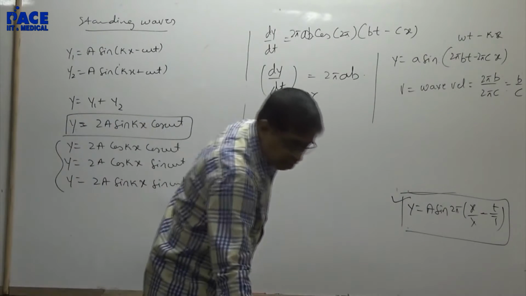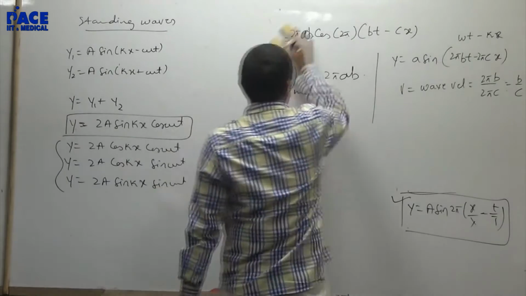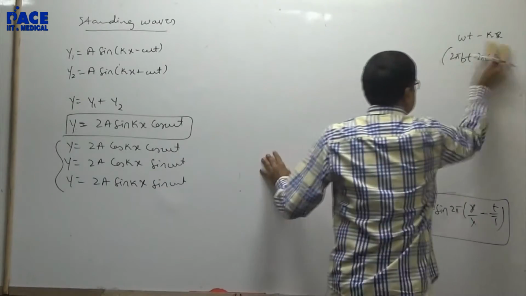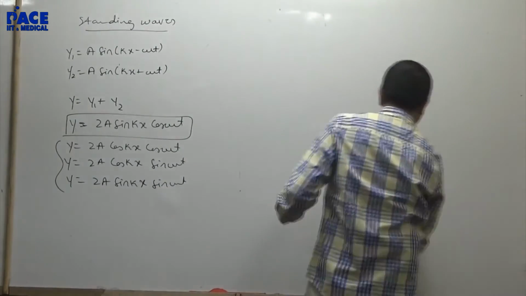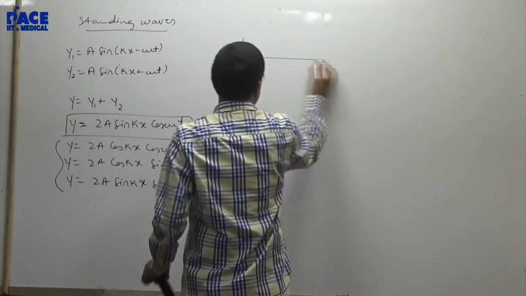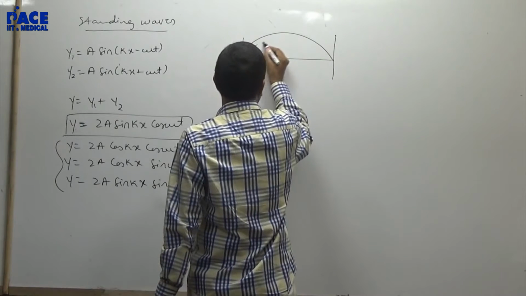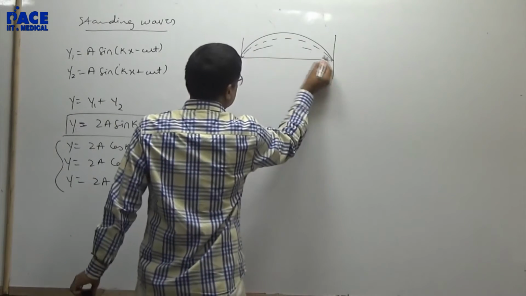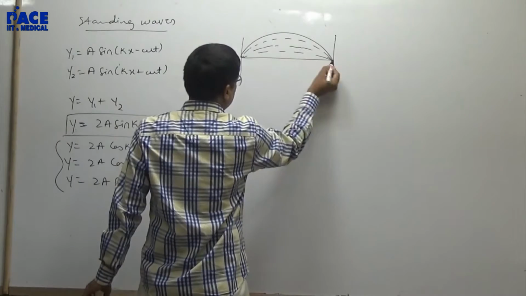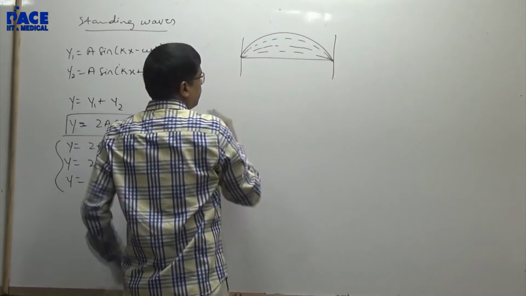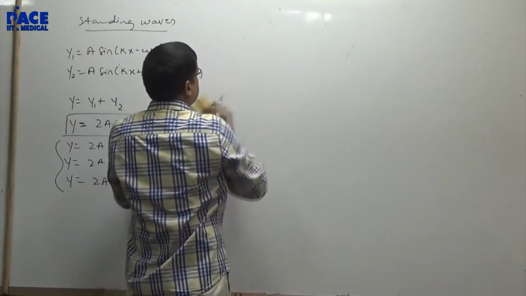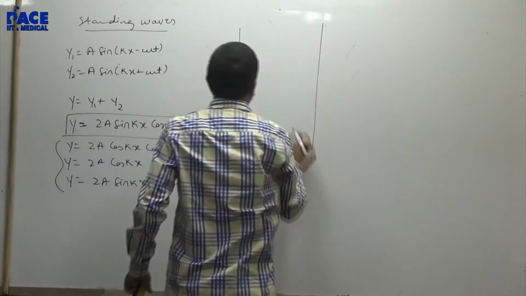How do you represent this standing wave? There are two things that you will see here. In a standing wave, you have two functions. One is a function of x, one is a function of time. Firstly, this will be the wave pulse. After some time, this will be the wave pulse. Superimposition of two waves. This is the way it comes. Right? Let me put it this way. You will see the generation like this.